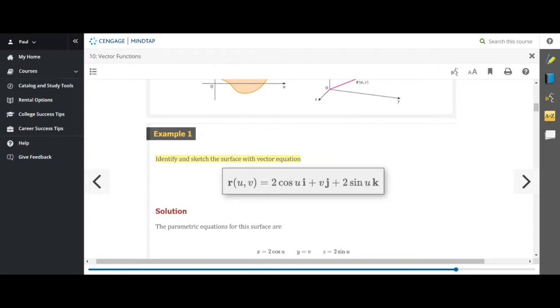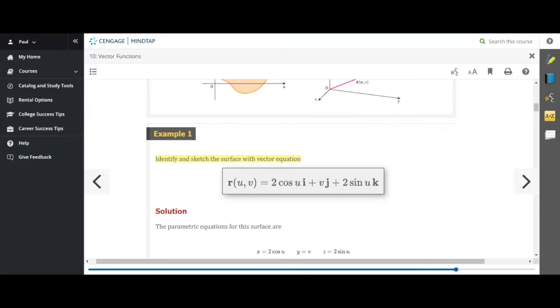As u changes, let me ask you this. Are the x and z components, 2 cosine u and 2 sine u, related at all to the y component, which equals v? Is there any dependency?